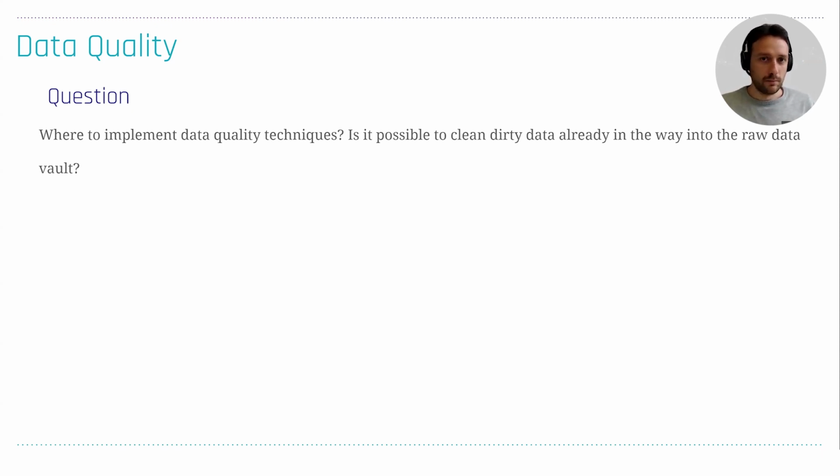But there are more techniques, such as different kinds of tests: unit tests, user acceptance tests, regression tests, and so on. Then we have monitoring, data governance, continuous integration, and so on. All those are different kinds of data quality techniques. But in this session, let's focus on the implementation of data cleansing rules.